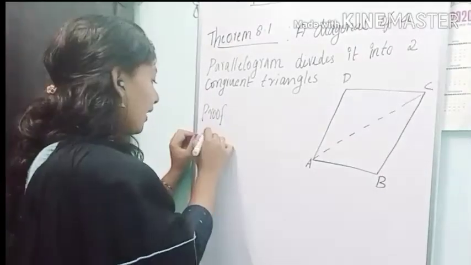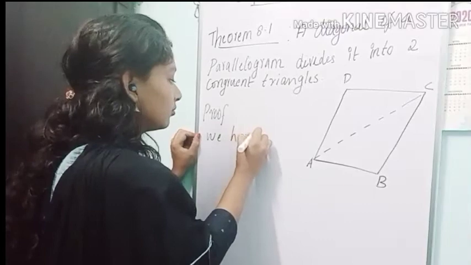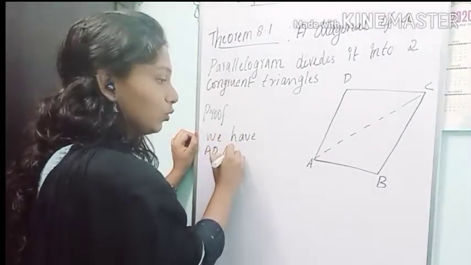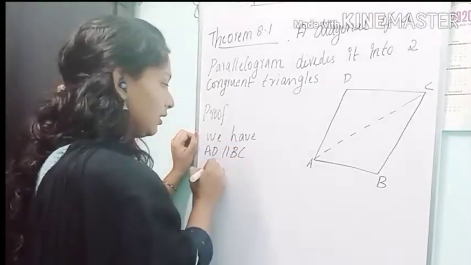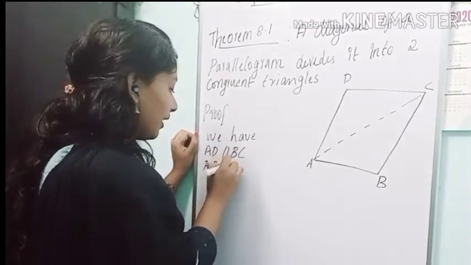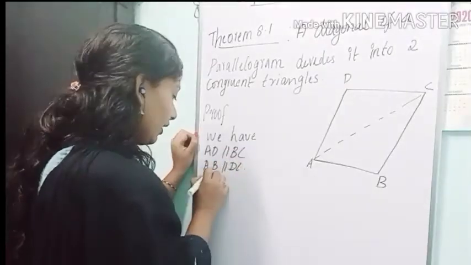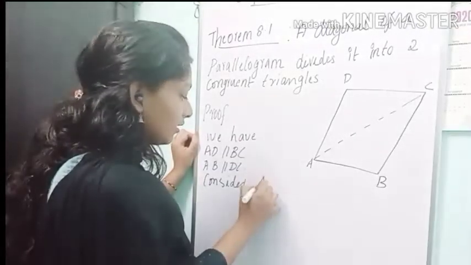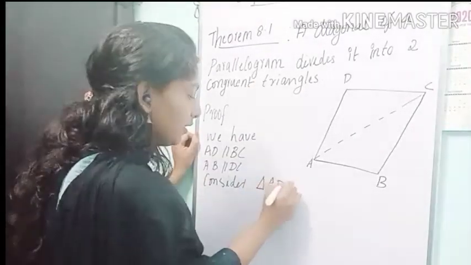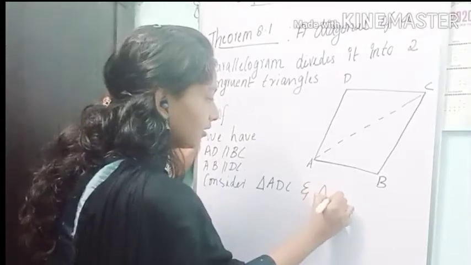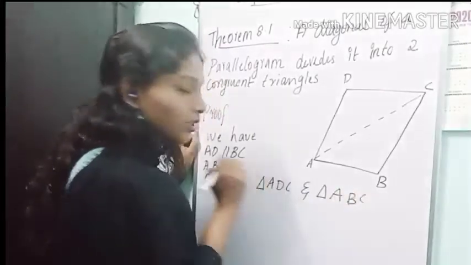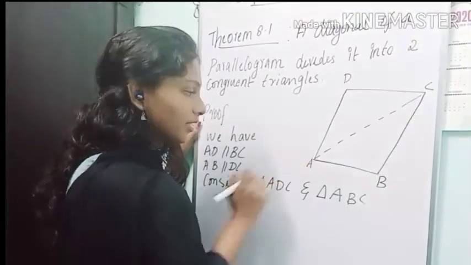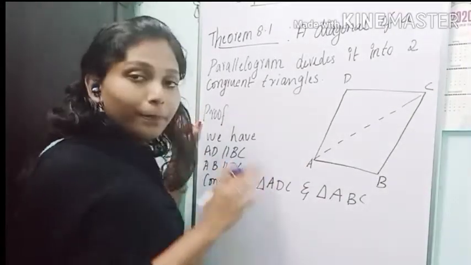So we have AD parallel to BC and AB parallel to DC. Consider two triangles, triangle ADC and triangle ABC. Okay, we got two triangles, and consider the parallel lines.